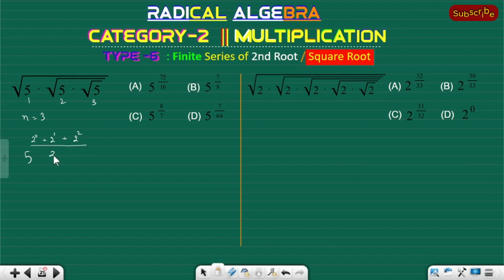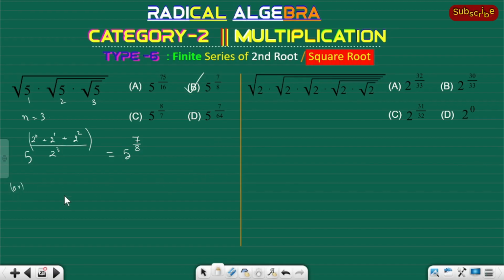Divided by 2 to the power, how many terms? 3. So it will be 3. 5 raised to the power of the whole thing. This is nothing but 4, 2 and 1, that is 7 by 8. 5 raised to the power 7 by 8. So it is the B.